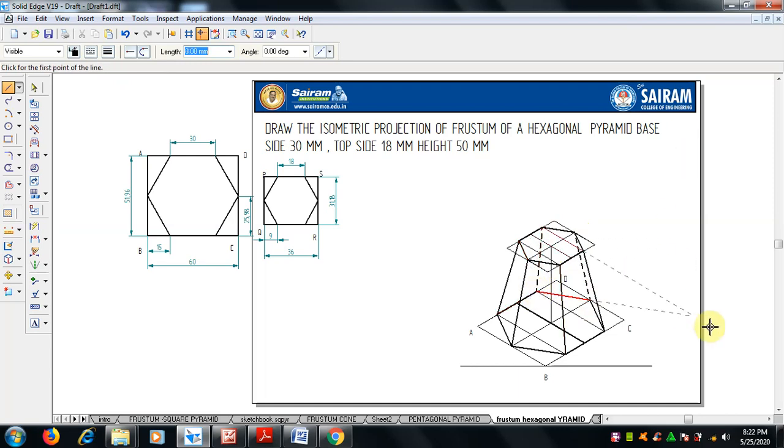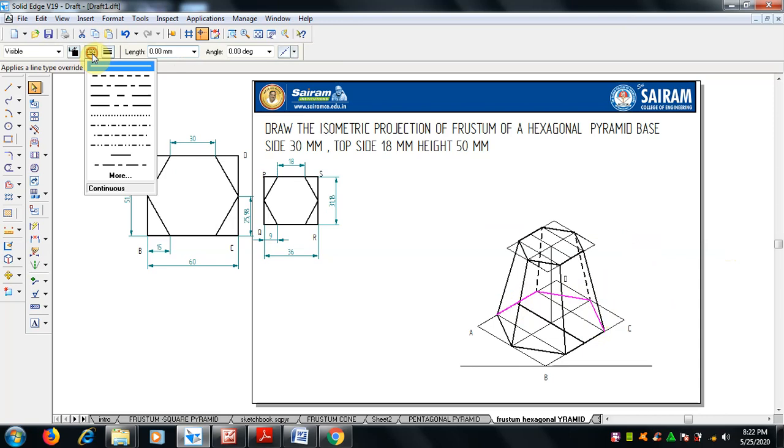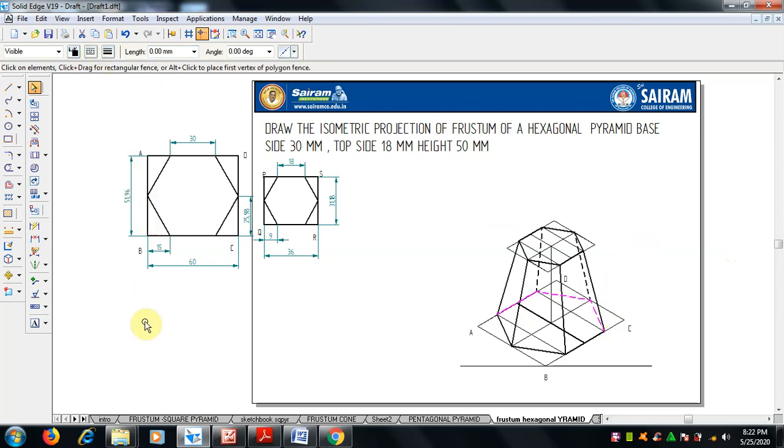Okay, either I can show by hidden line, or I can remove the lines which are invisible. These are the lines which I cannot see, right? So now this is the final view of the hexagonal frustum. Okay, frustum of a hexagonal pyramid.